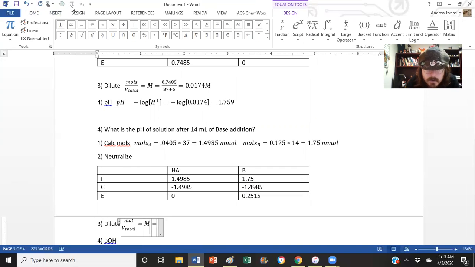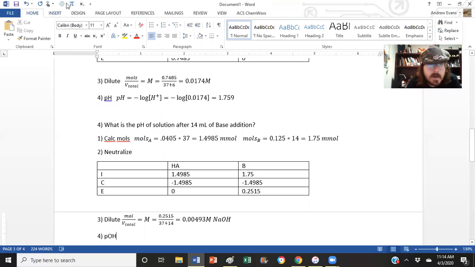So we're going to say our moles of base, 0.2515, divided by our volume, so 37 plus 14 now. And that will give us our molarity of base. It's not a whole lot. 0.00493 molar NaOH.